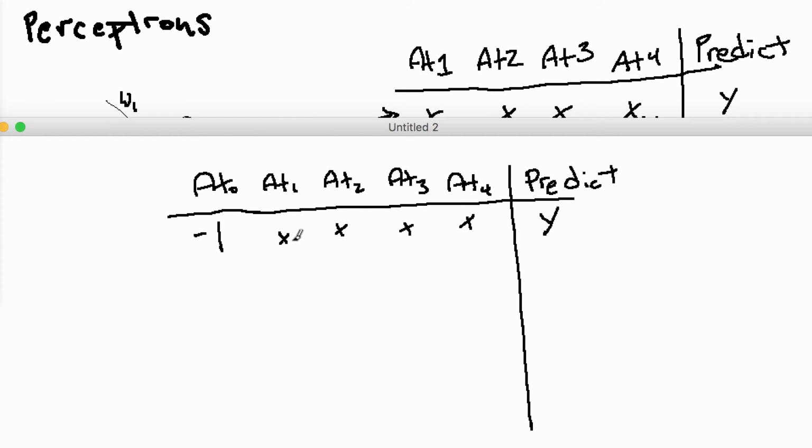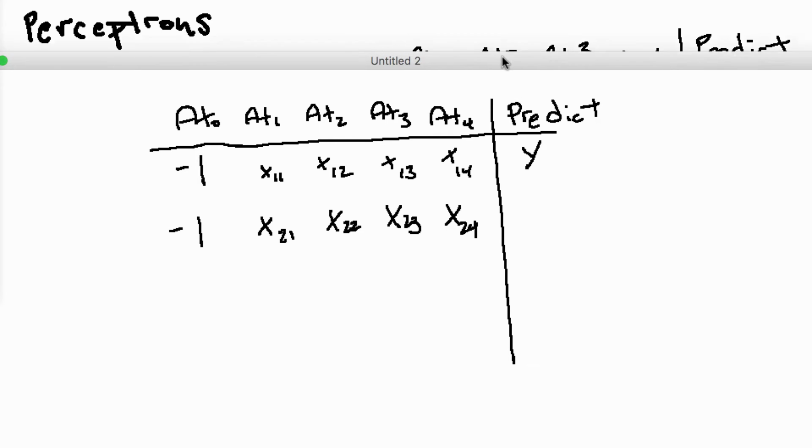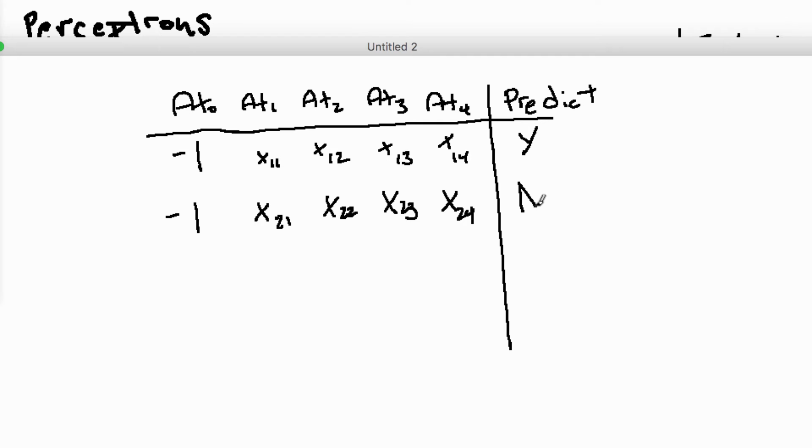So this would be x11, 12, 13, 14. And again, we'd come over here. Here's a minus 1. And now I would have, say, x21, x22, x23, x24. And in that particular example there, we said that's a no.